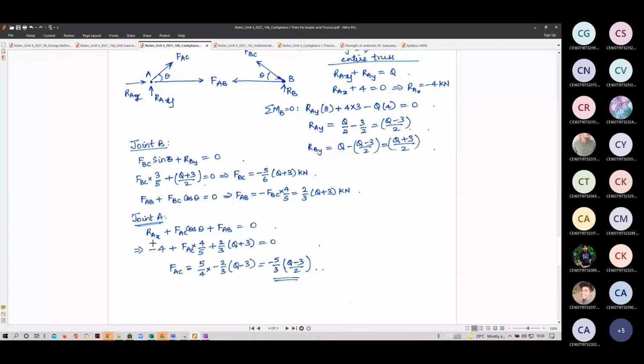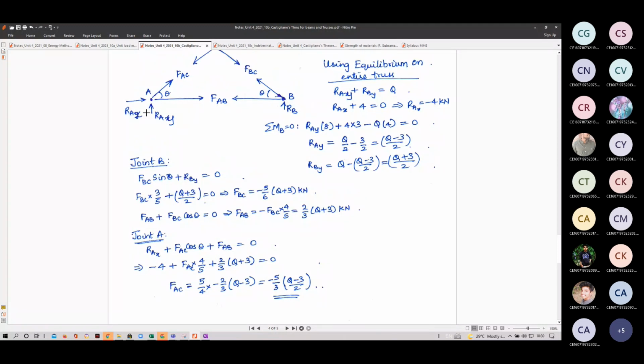Now the sum of the horizontal forces is 0. So R_Ax plus F_AC cos theta plus F_AB. Don't try to change based on the sign and all. We know that R_A is minus 4, so don't change the direction of R_A. Keep it as it is, just substitute whether it is plus or minus. So R_Ax plus F_AB plus F_AC cos theta equal to 0.